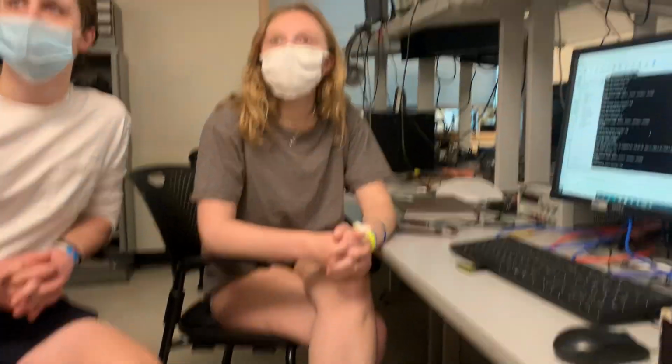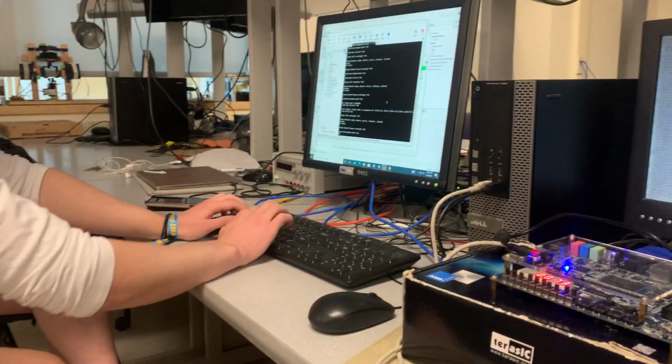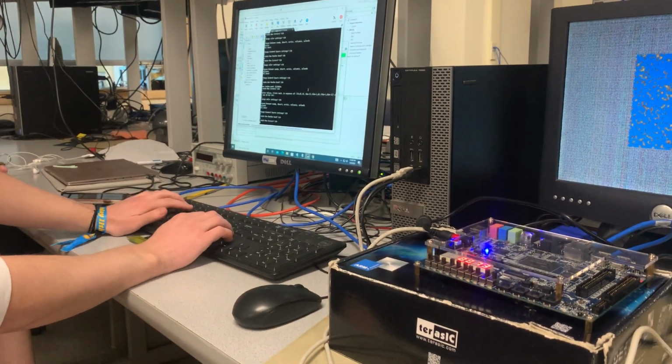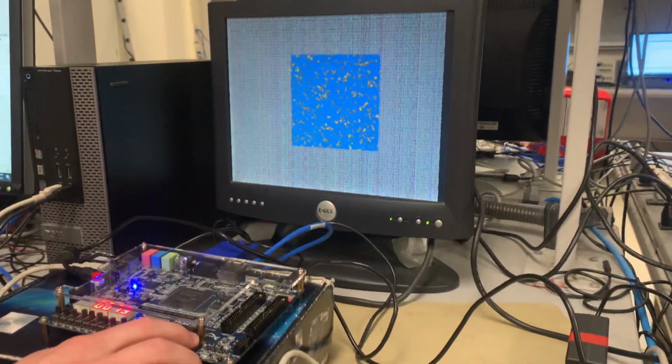Are all the corners set at the same altitude? They're randomly assigned. Okay, can you raise one way up? Yeah. Seed 255. We'll raise one of the corners to the max value. I don't think it'll affect the algorithm very much.